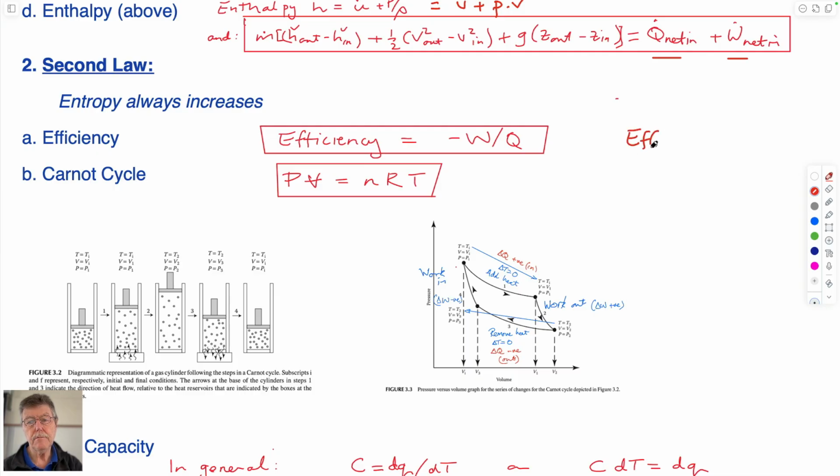Efficiency is equal to 1 minus T out over T in, or delta T divided by T in. So the system is at very high temperature. If when you take fluid out of the system it's at a lower temperature, then the ratio of these in absolute temperature. So these have to be in Kelvin. Talked about it last time.